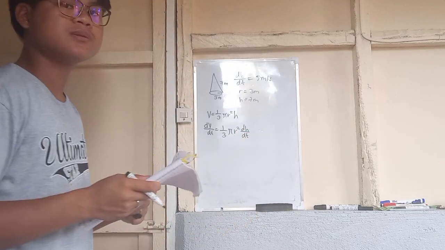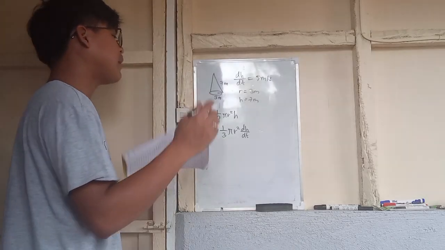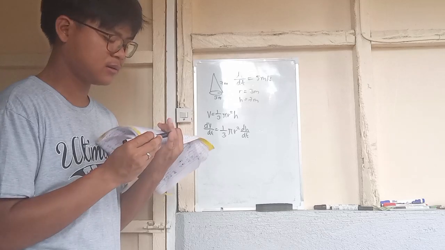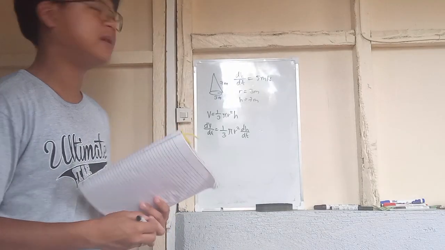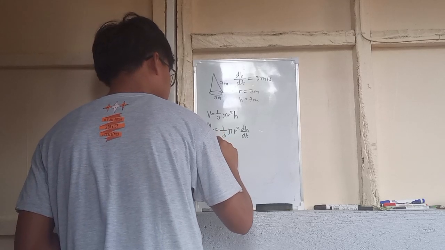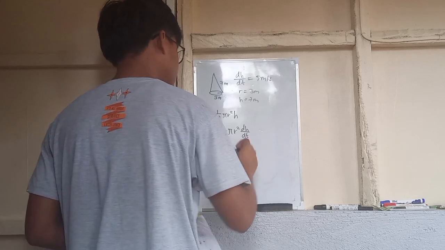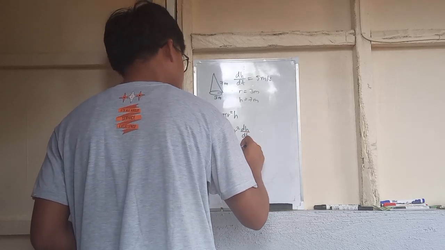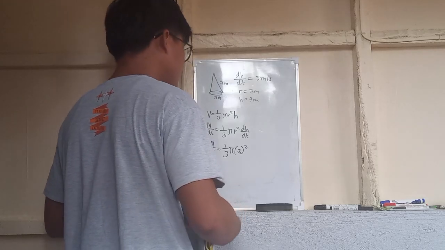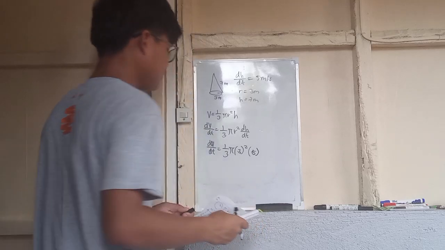So now that we have differentiated the formula, we can substitute the values stated in the problem. So copy the dV over dt, then 1/3 pi, substitute the value of r which is 3, then squared, and the dH over dt or the rate of the height which is 5 meters per second.